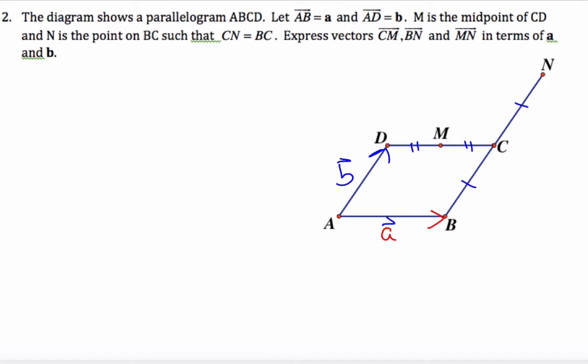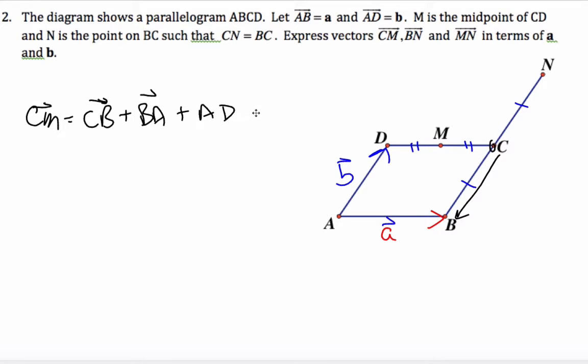Okay, so doing this is really all about following paths, is how I see it. I start at C, and I want to go to M with vectors that I know. So I want to go here. Well, I could say CM is equal to CB plus BA plus AD plus DM.